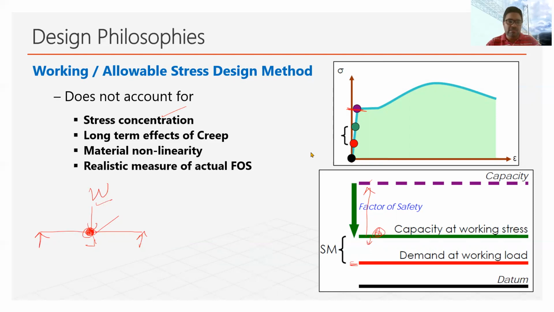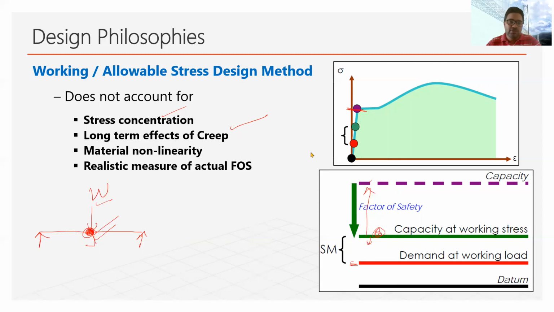Also, this stress concentration may happen because of the creep phenomenon. Creep can be defined as the continuous deterioration or disintegration of the material under sustained loading with the passage of time.